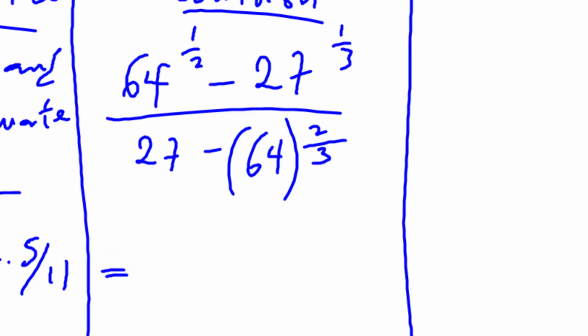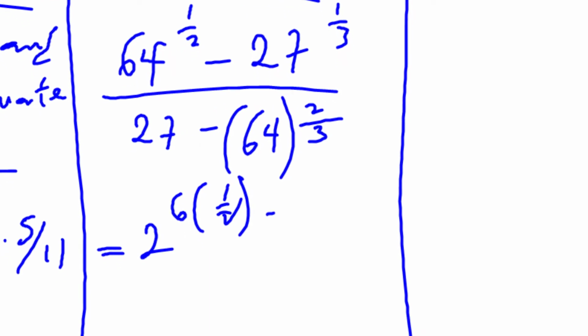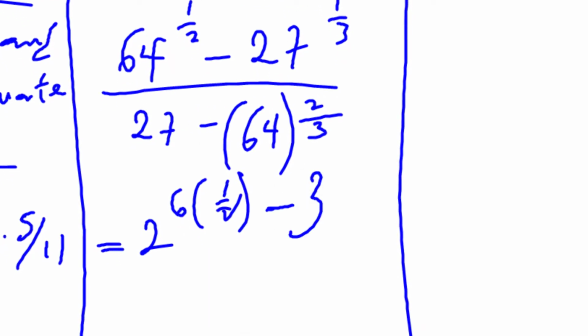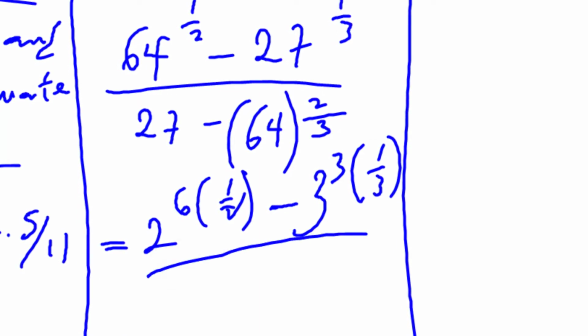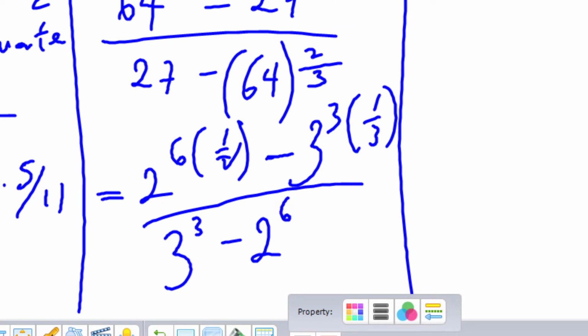So we have something like 64 in base 2 is going to be 2 raised to power 6 in bracket 1 over 2, minus 27. 27 is actually 3 raised to power 3 in bracket 1 over 3, all divided by 27, which is actually 3 raised to power 3, minus 64, which is 2 raised to power 6, all to the power of 2 over 3.